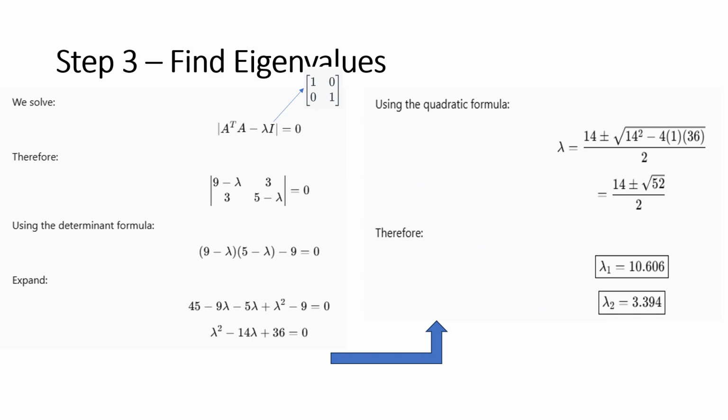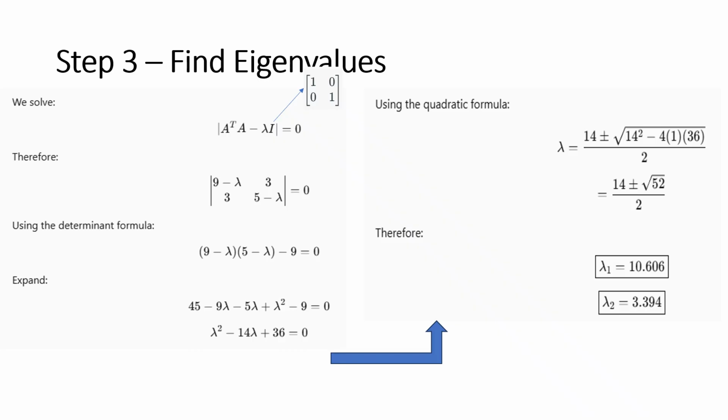So multiply (9 minus lambda) into (5 minus lambda), minus 3 into 3, which is 9, equal to 0. On solving, we get a quadratic equation: lambda squared minus 14 lambda plus 36 equal to 0. Here we cannot find lambda using factorization, so we go for the quadratic formula.